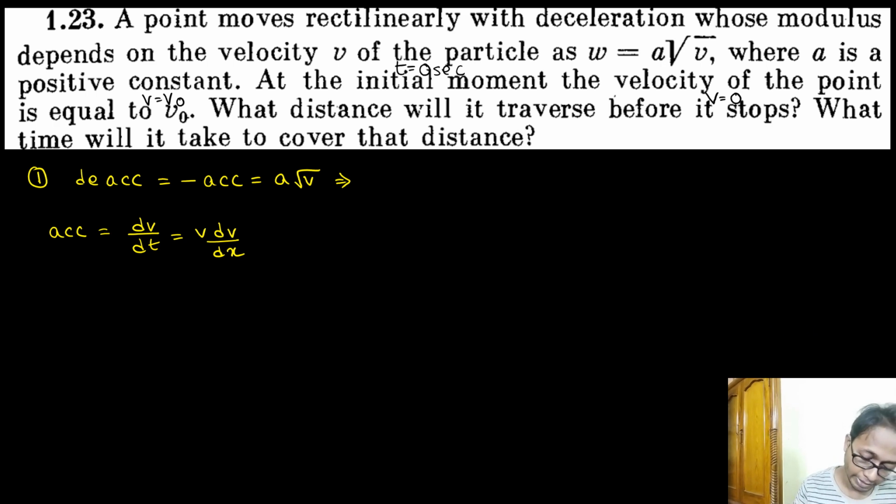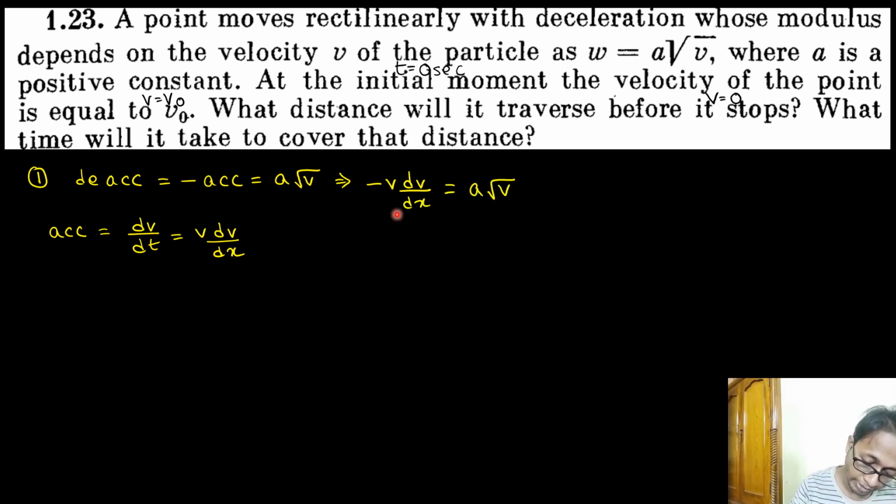The first thing the problem tells us is deceleration is equal to minus a root v. So minus v dv by dx is equal to a under root v.